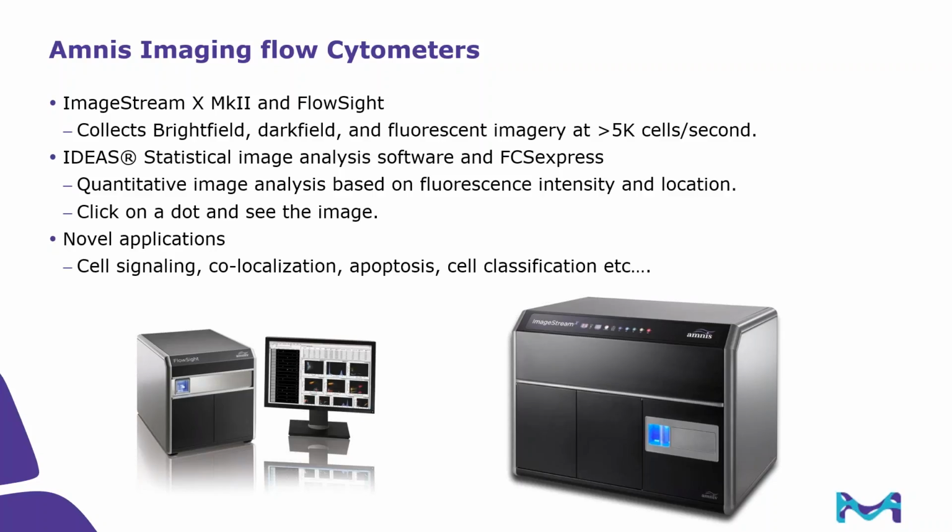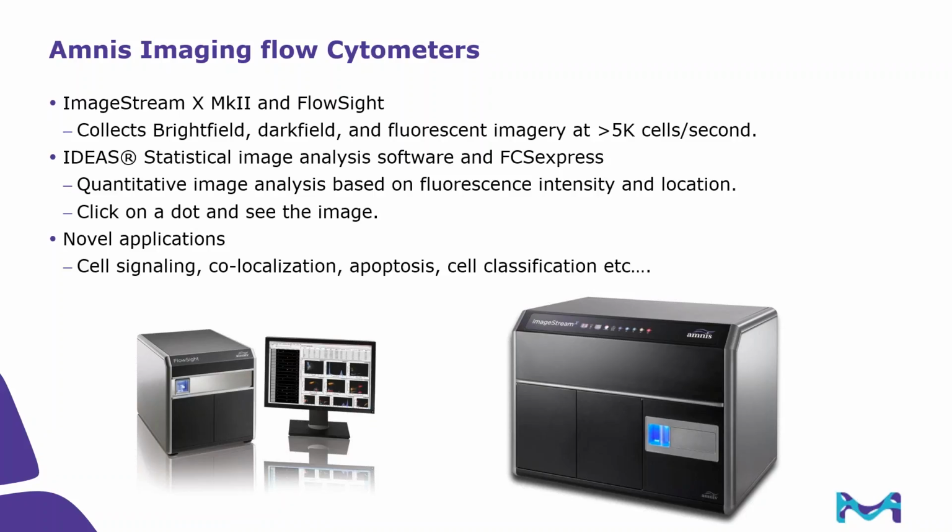So essentially, Amnis has developed an imaging flow cytometer. We have two systems, the FlowSight, which is a 20x imaging system, and the Mark II, which is a 20, 40, and 60x imaging system. The systems collect bright field, dark field, and up to 10 fluorescent images at a rate of around 5,000 cells per second.